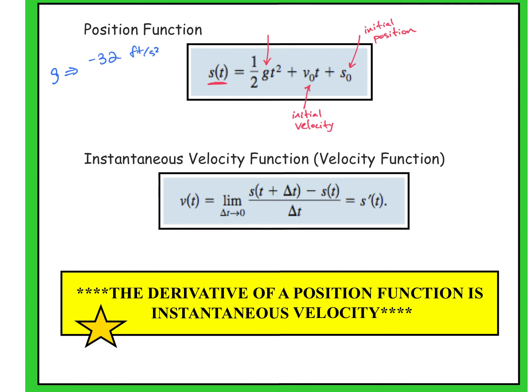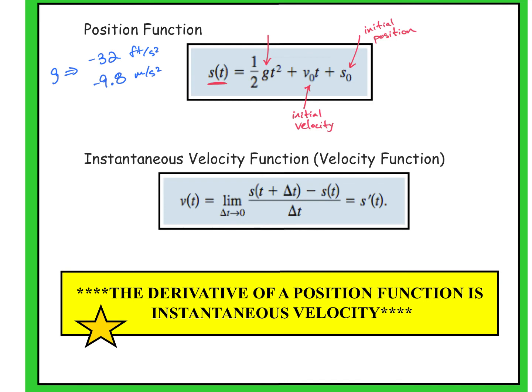That's when we're in our English feet units. And if we're in metric units, we're just going to use negative 9.8 meters per second squared. You can go a lot more decimals than that. When I was in AP Physics back in the day, we used negative 9.81 because of that extra hundredth. Anyway.